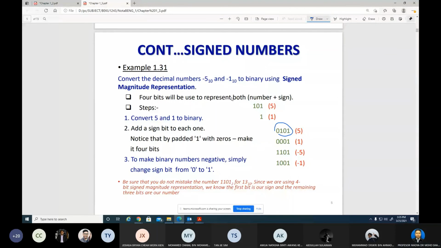We put another 1 here, changing it to negative 5. Similarly, the value 1 is 0001, and if we put a 1 here, the value automatically changes to negative 1. The magnitude is the same, it's 1, but the sign is different: this one is positive and this one is negative.